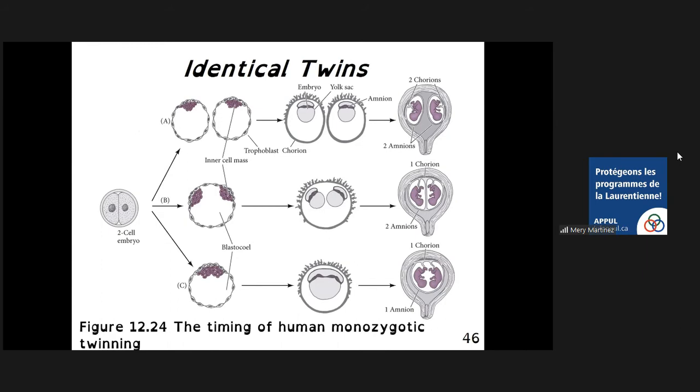As indicated earlier, the early cells of the mammalian embryo can replace each other and compensate for missing cells, which means that these cells are pluripotent. And this is how, when we do in vitro fertilization, we normally take one cell to make an analysis of the embryo before we do the implantation.